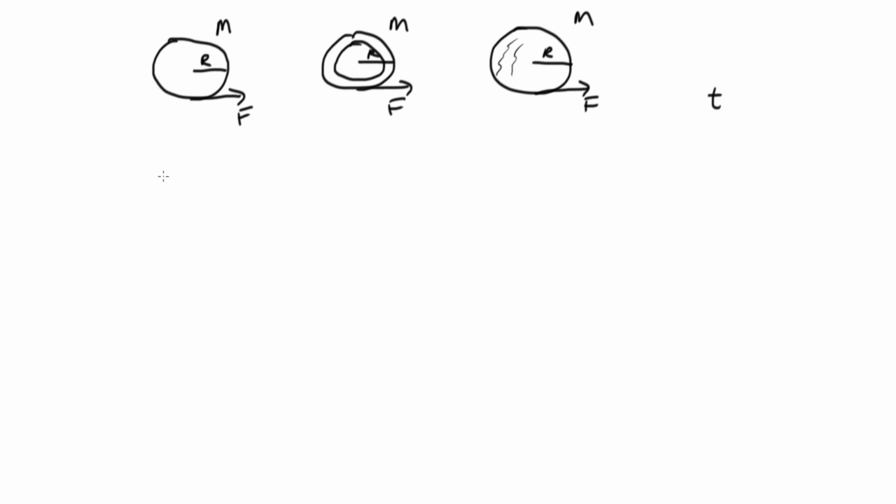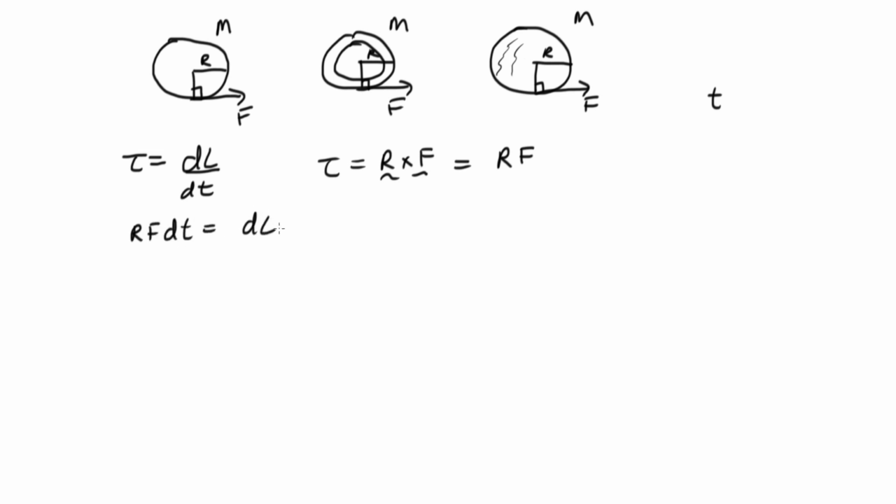So in order to consider their angular momentum, let's look at the equation. The torque is equal to dL/dt. Now the torque applied on each of these shapes is R cross F. For all of these, the force is applied perpendicular to the radius, and so this is just equal to RF. So they all have the same torque acting on them, given by RF. So we can write this as RF dt is equal to dL.